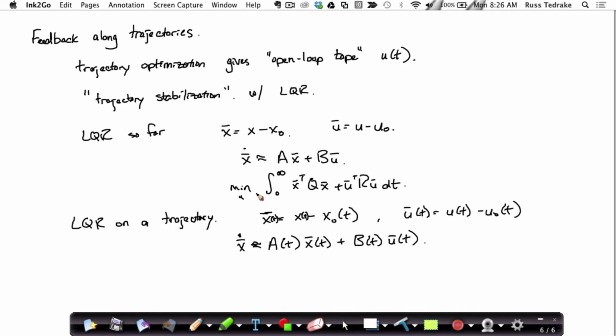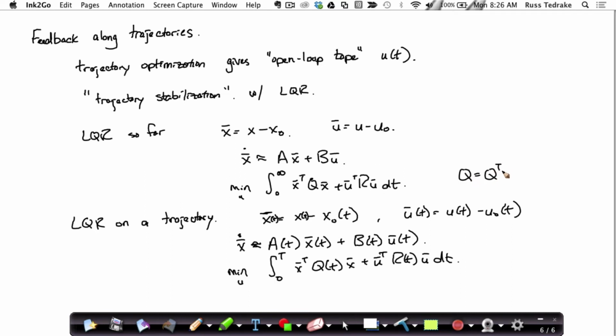Similarly, we're going to write a slightly modified cost function. We want to somehow minimize over u just over my finite trajectory x bar of t. Now Q of t, we're allowed to make it time varying if we'd like. Same with R. Now the same conditions are as before.